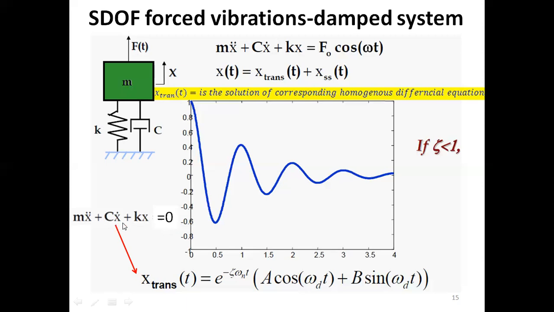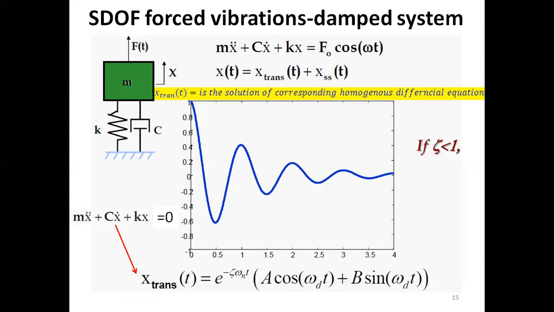The solution of this equation of motion could be mathematically modeled as x transient of t is equal to e to the power minus zeta omega n t, and in the parentheses we have A cos omega d t plus B sine omega d t, where omega d is the damped natural frequency, the natural frequency of a damped system.